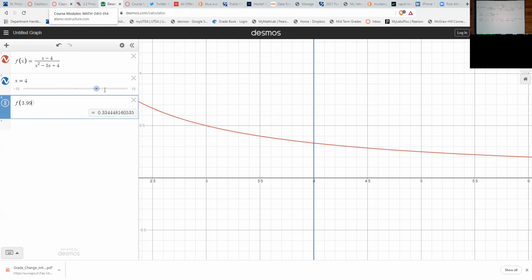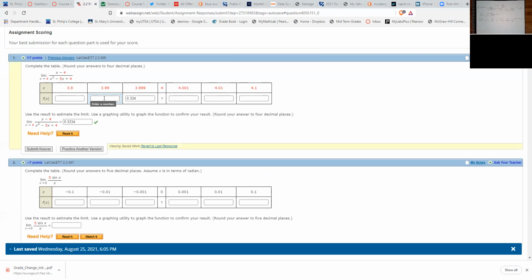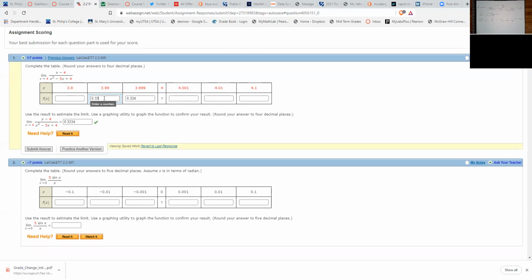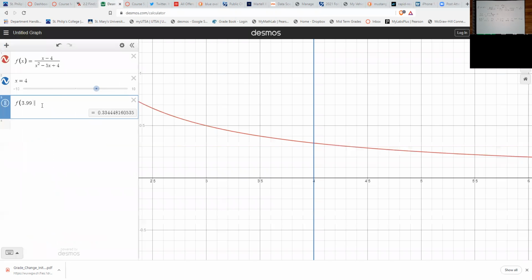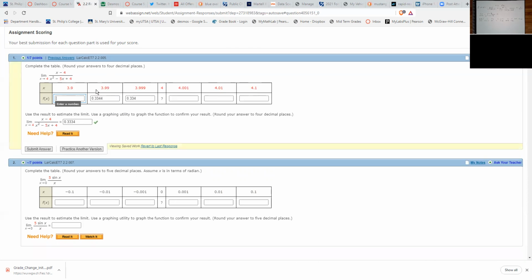So that's going to be 0.3344. Just 3.9, that will be 0.3448. So you see how it's getting closer and closer to this answer.